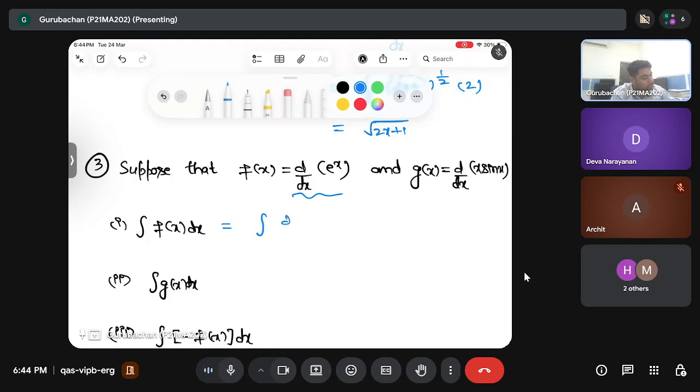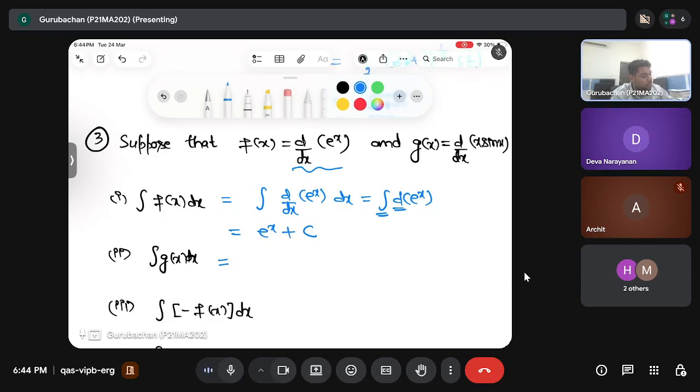One another way to see this is like this. This is the value of f(x). This can be written as d of this e to the power x, which can be concluded as e^x plus c, because this d and this integration sign will manage each other.